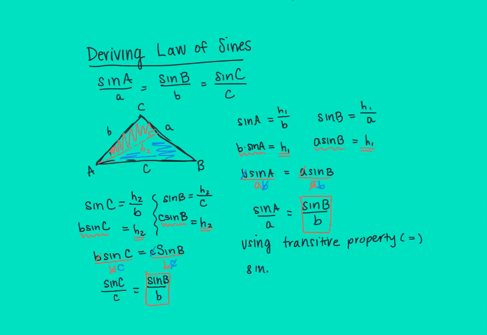Then you can say sine A over A equals sine B over B equals sine C over C, and we are done. So remember, the transitive property is if over here I've got sine A equals sine B, and then sine B equals sine C, then the sine B's you don't have to write twice. You can just write them one time. And that is why we can use the law of sines for any triangle.